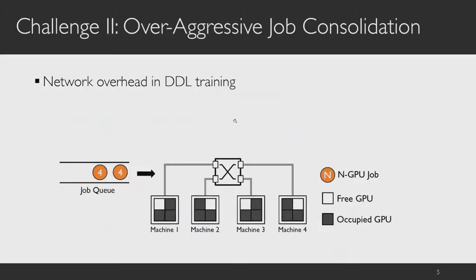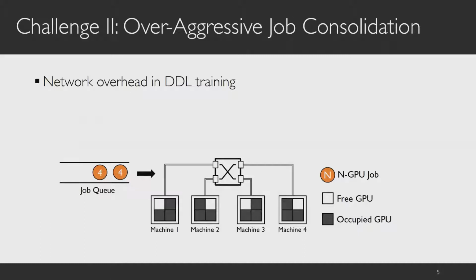The second challenge is job consolidation. If you map the job onto the physical machines too sparsely, that would mean that for a distributed training job that requires multiple GPUs and multiple workers, they exchange the learned parameters for each training iteration in a very large volume, and it puts a lot of load on the network between the machines.